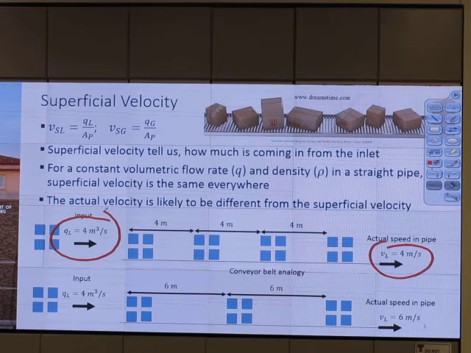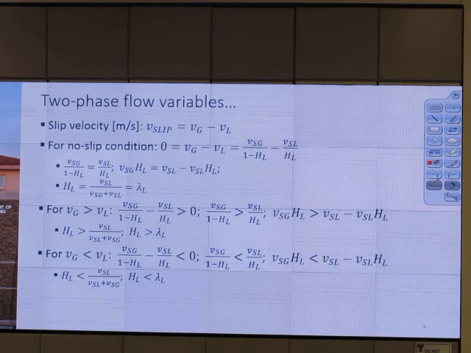When gas moves faster, gas will be left in the system less. Liquid moves slower, so liquid accumulates inside the system. So HL is more than lambda L for the case where gas velocity is higher than liquid velocity.